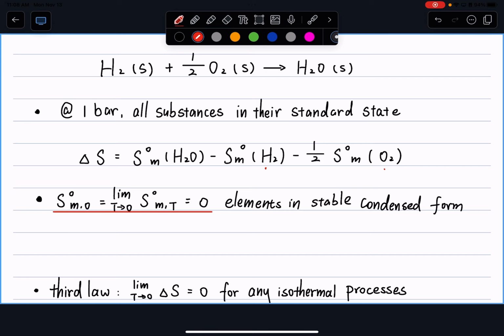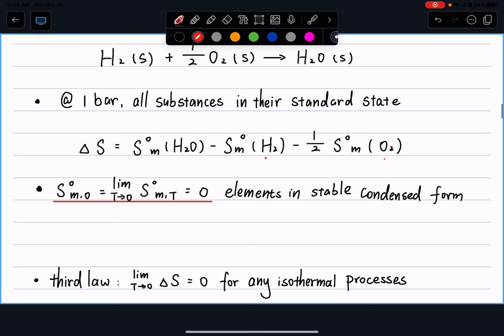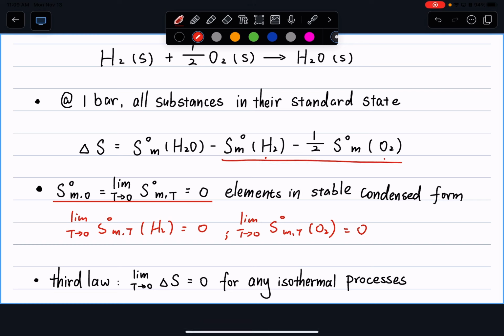So using the relationship here, when temperature approaches 0, your standard molar entropy of H2 equals 0, and your standard molar entropy of O2 equals 0. All right, so these two terms equal 0.